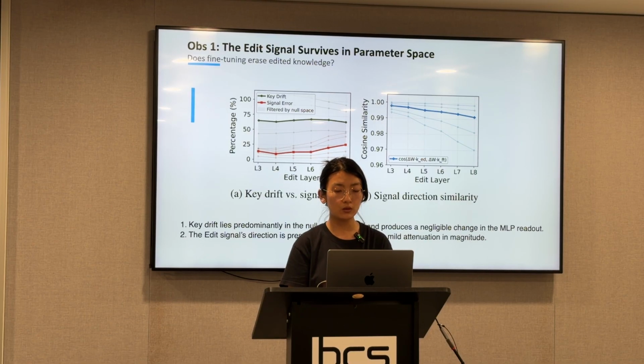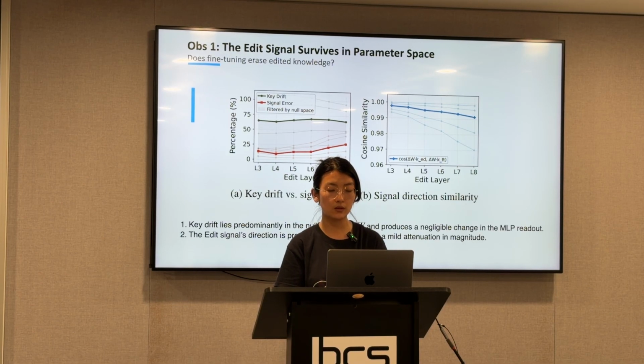For Figure B, the cosine similarity remains about 99% on every layer, confirming that the edit signal direction is preserved almost exactly, with only a mild attenuation in magnitude. This pattern holds across all learning rates tested. Fine-tuning moves the keys, but delta W is largely blind to this movement. The edit as a parameter space object is still there.